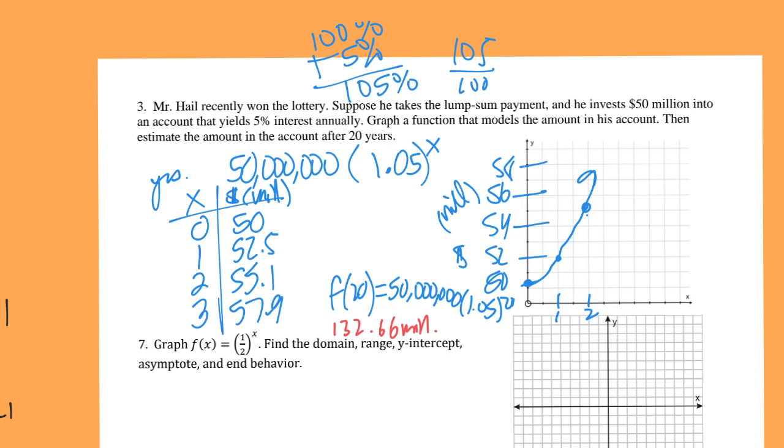So the calculator would give you 132 and then 660 and then some other numbers. And so if you want to say millions in decimal form, you put a decimal where the millions comma goes, so 132.66 million. Okay. So we'll just put a decimal at the millions comma. And that's how you get it in decimal form.